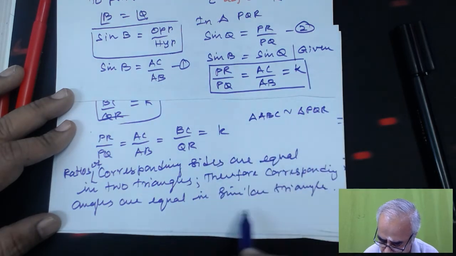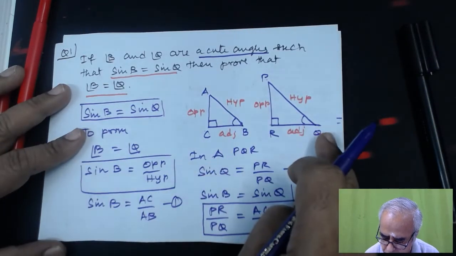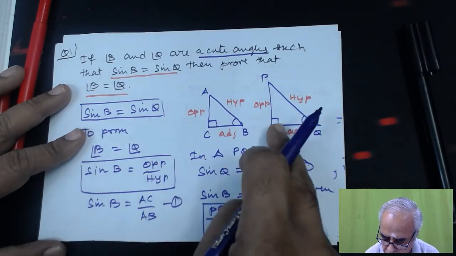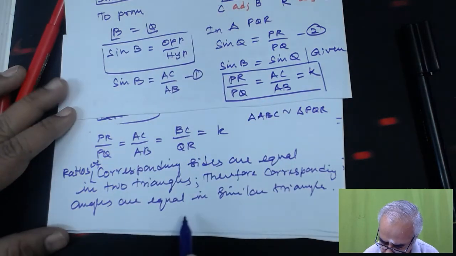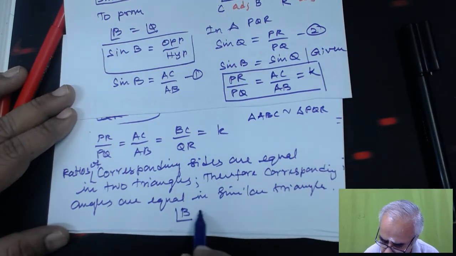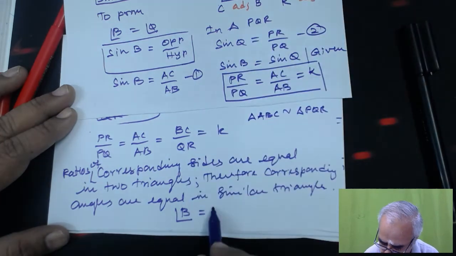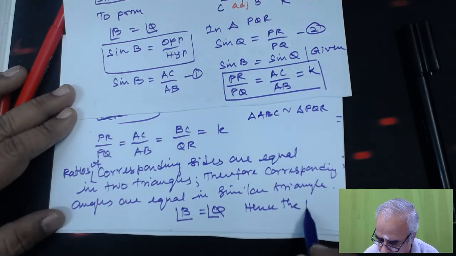So this you have to note down, and based on that we can show that corresponding angles, here B and Q are corresponding angles, C and R are corresponding angles, P and A are corresponding angles, and based on that we can show that the angle B is equal to angle what? Q, okay, hence the proof.